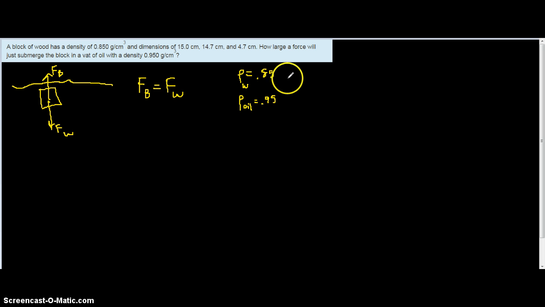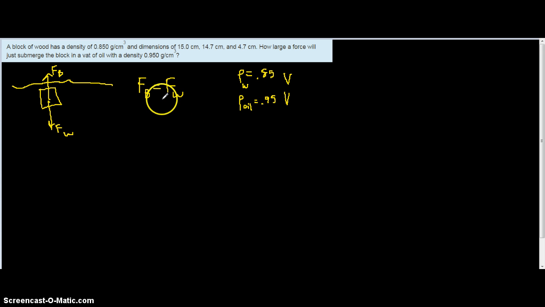We know if this thing is fully submerged underneath the oil, then the volume of the wood and the volume of the oil that are respectively displaced are the same.